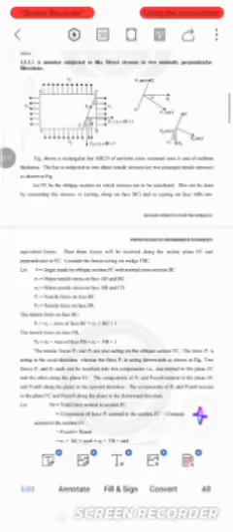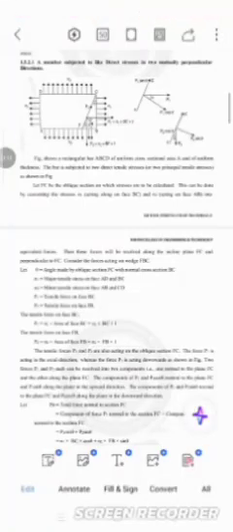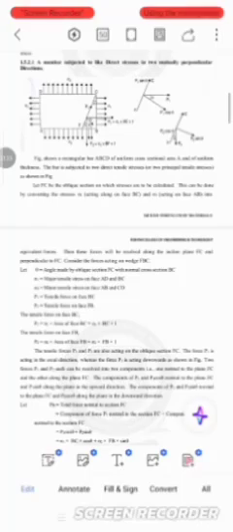Let FC be the oblique section on which the stresses are to be calculated. This can be done by converting the stresses sigma 1 and sigma 2 into the equivalent forces. Then the forces will be resolved along the inclined plane FC and perpendicular to FC.